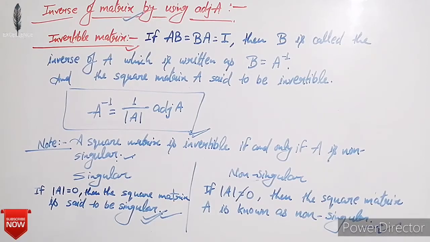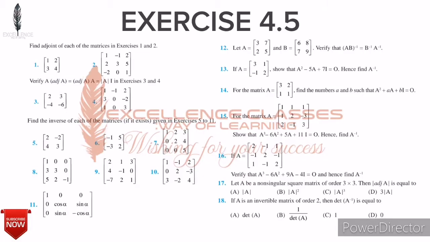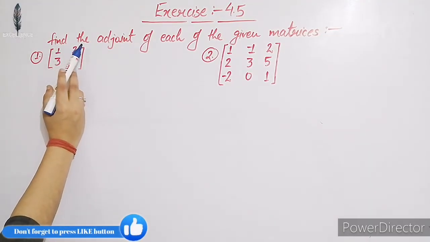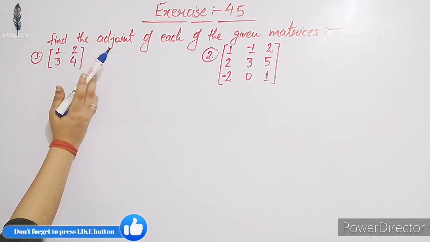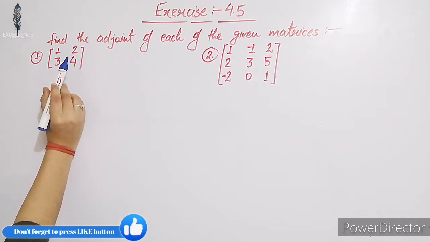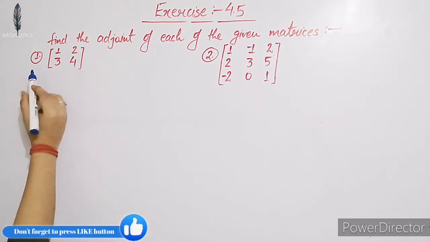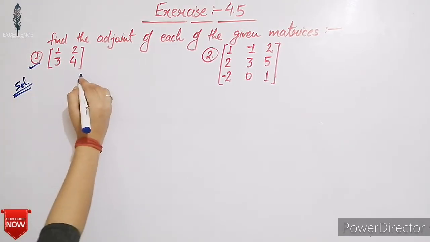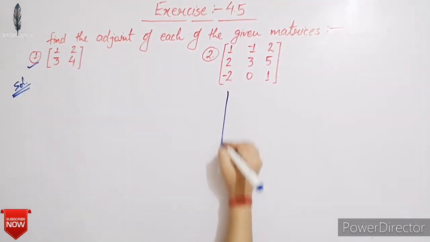Now, let's start exercise 4.5, which is based on the adjoint and inverse of a matrix. So, let's see the question first. Here, we have to find the adjoint of each of the given matrices in questions 1 and 2. So, let's solve the first question. Here, we have a matrix of order 2.